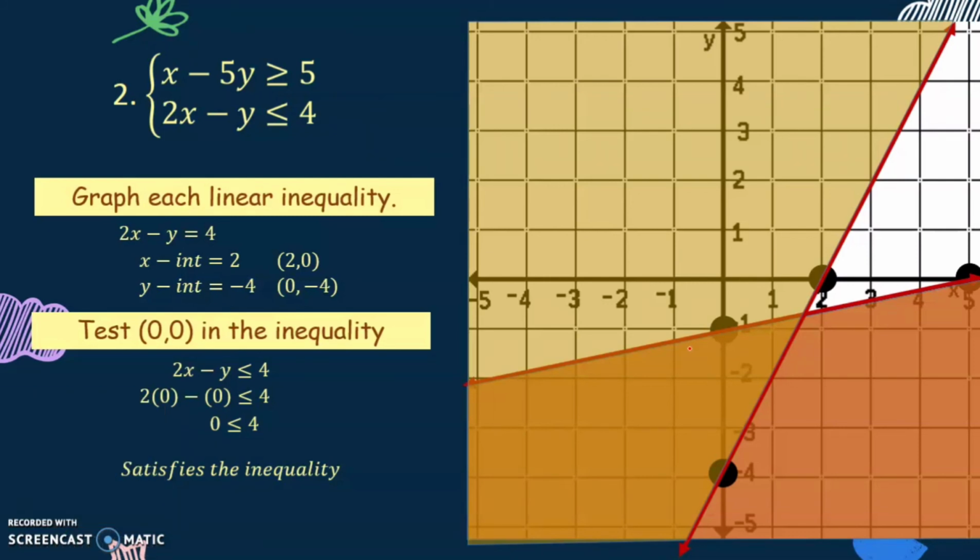Now let us choose an ordered pair that is not in the overlapped region. So let's have 0, 4. So 0, 4 is not in the overlapped region. So let's check if it satisfies the inequality or not.